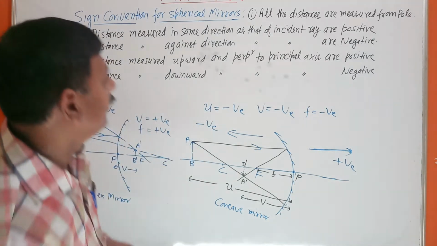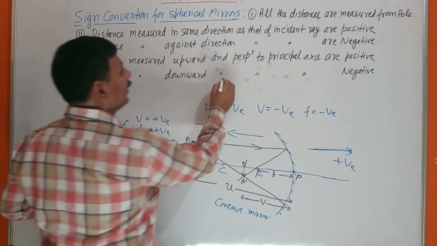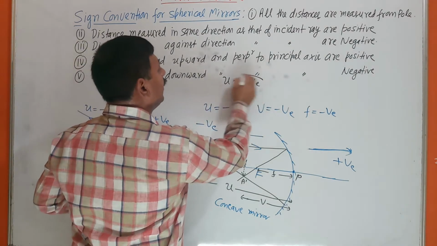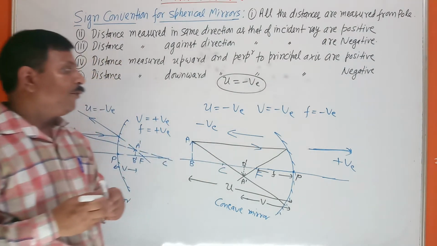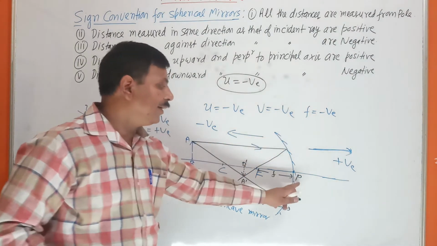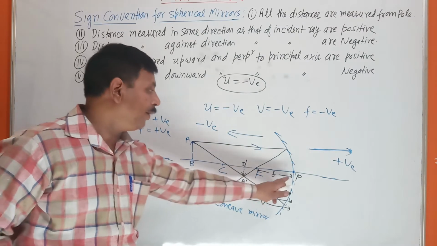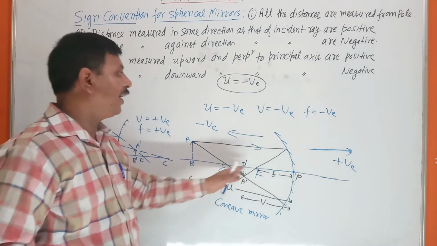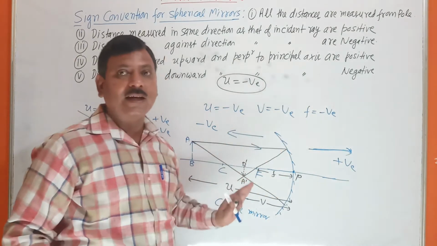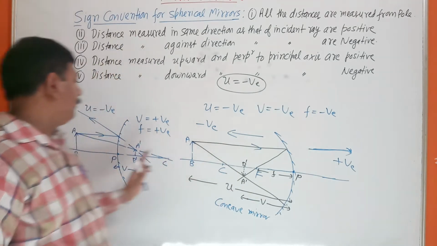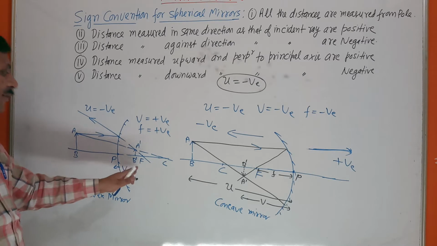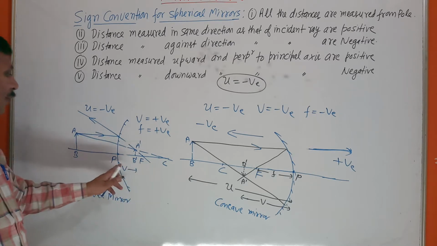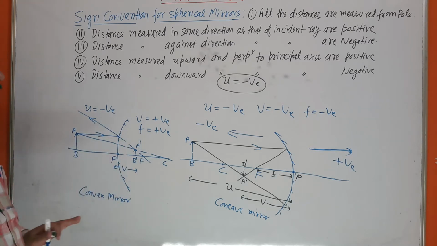In all cases, u we will take as negative. The focal length for a concave mirror lies on the left hand side, so f is negative for a concave mirror, and for a convex mirror the focal length lies on the right hand side, so focal length will be positive for a convex mirror.